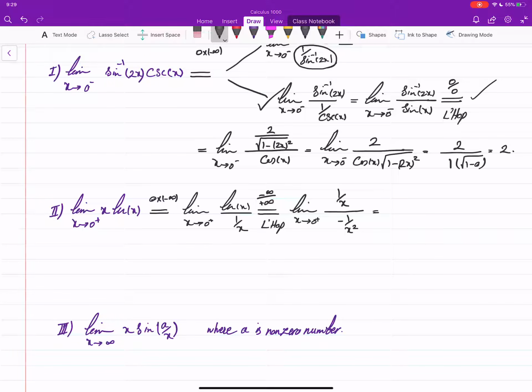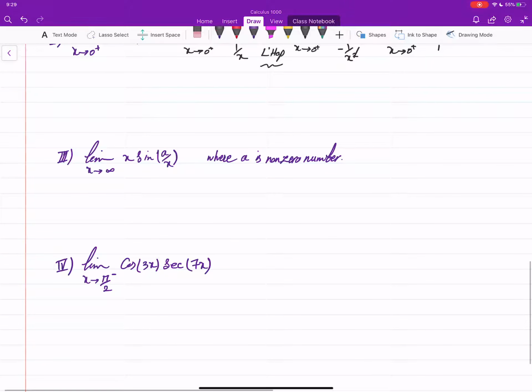And then, if you can simplify algebraically at any stage, go ahead, do it, please, because that will simplify the functions you're working with. For example, this goes with that, and we get minus x over 1, and as x goes to 0, this is 0. We only use L'Hopital's rule once, and then the whole limit is equal to 0.